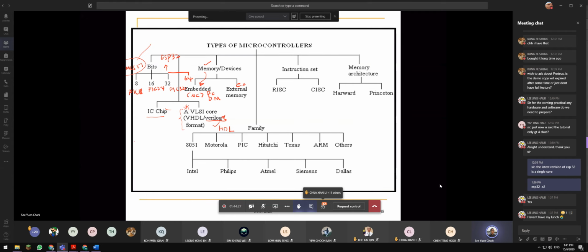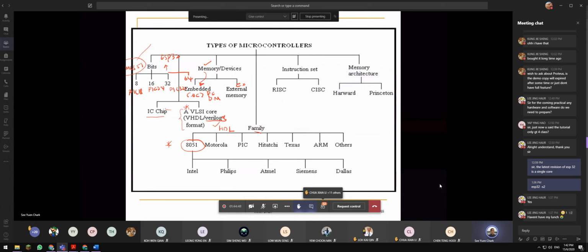When you come to microcontrollers, of course, microcontrollers nowadays are evolving, so this one is no longer applicable. Why do I say this? Let's begin. We got 8051. A lot of people say it's obsolete, but actually it's still quite popular.